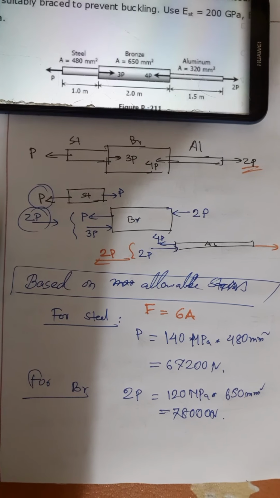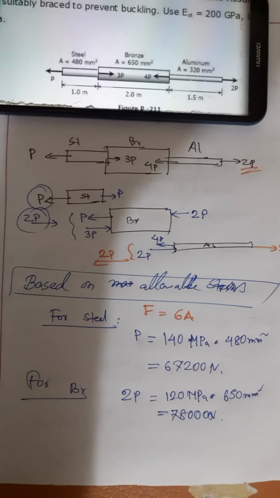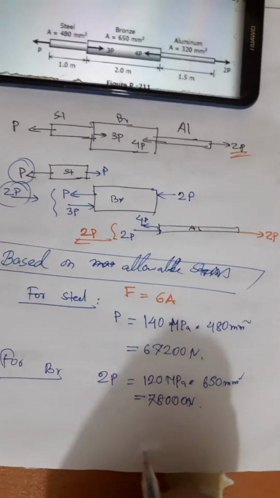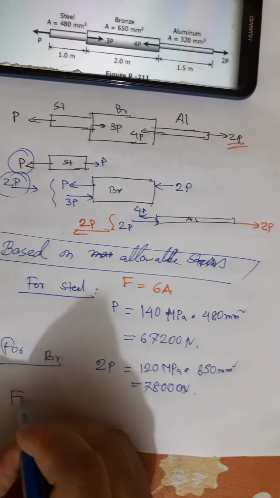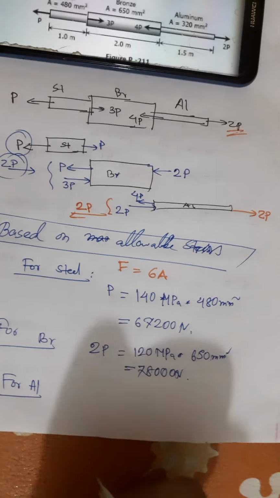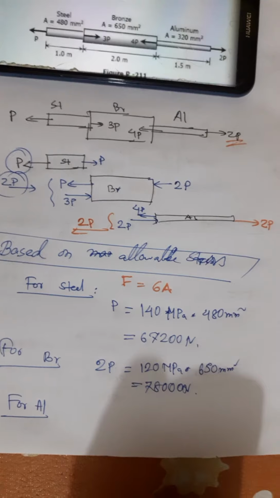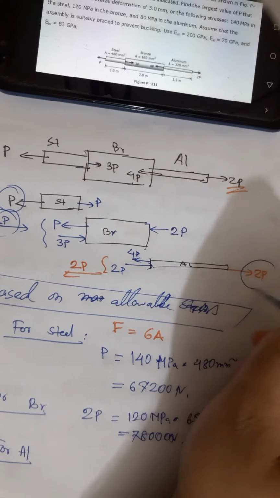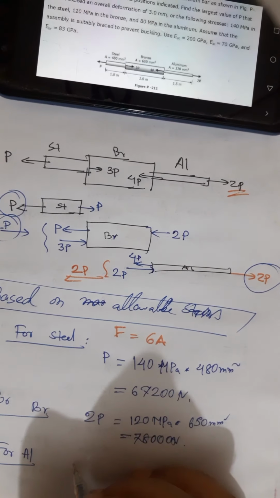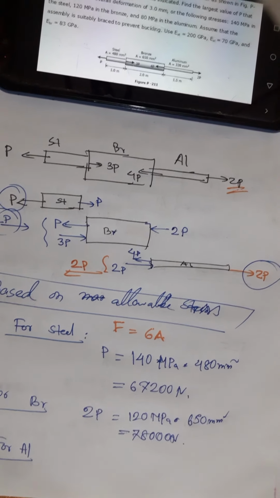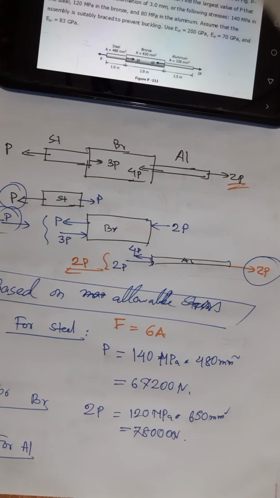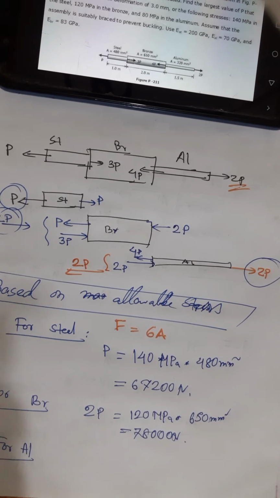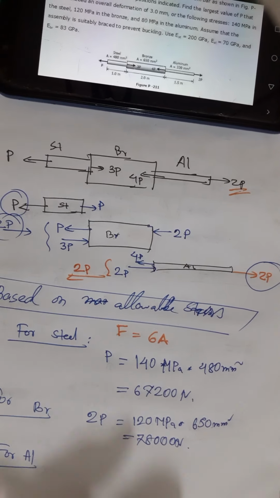And now we are to find the stress for the aluminum section. So for the aluminum, the force is 2P, and it is tension. And if we remember, there is no connection between tension and compression in calculating stress.